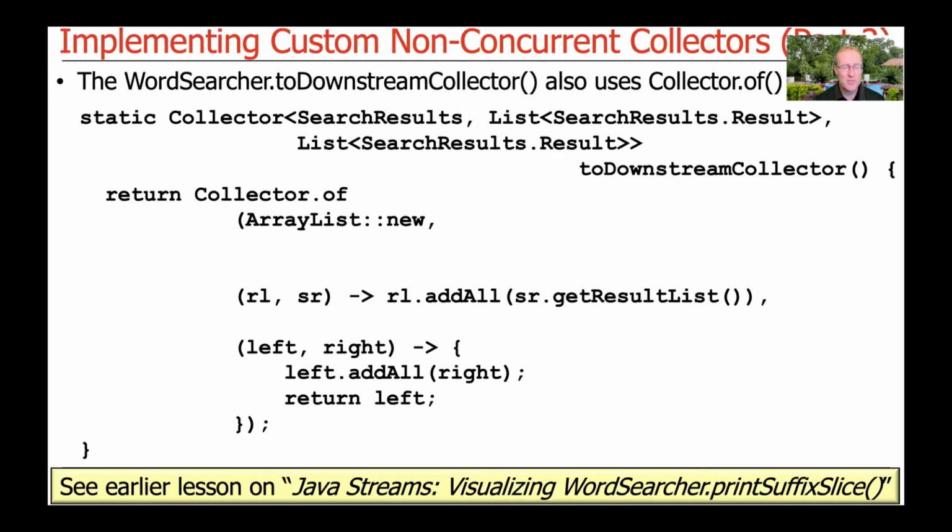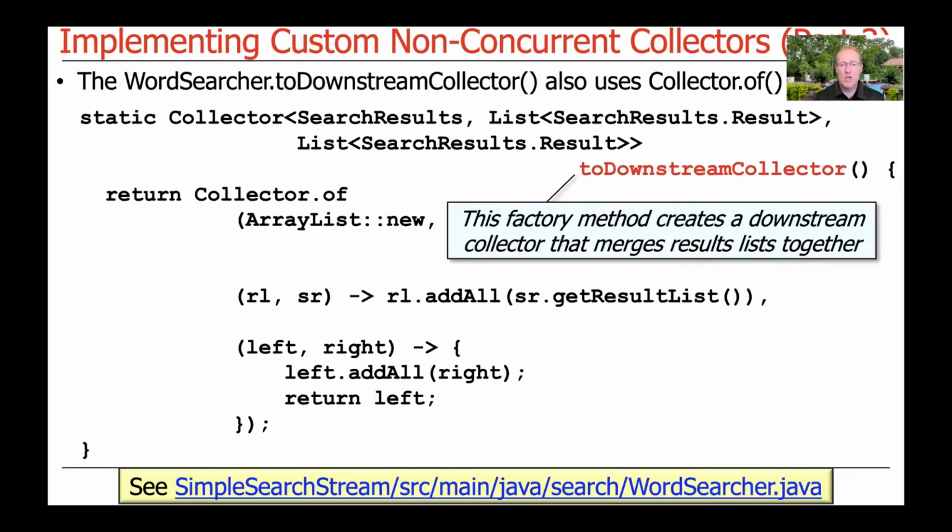But in either of those lessons, we talked about this method that I didn't talk much about at the time called toDownstreamCollector. toDownstreamCollector is used as part of this mechanism in order to be able to create a collector to collect up the various result lists into a single merged result list. So that's what toDownstreamCollector does.